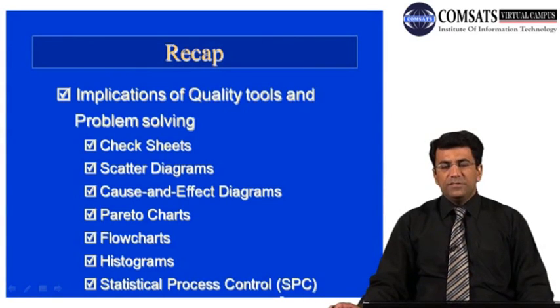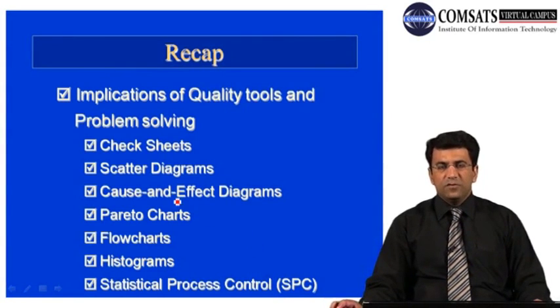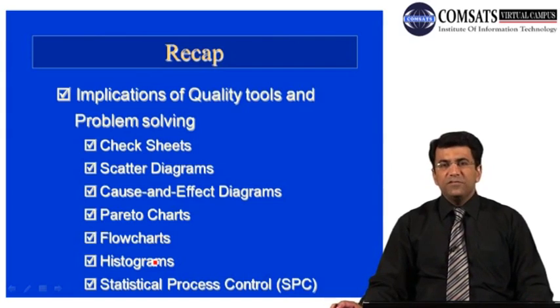Before formally starting our lecture on linear programming, let's have a brief recap of what we discussed in the last lecture. Okay students, in the last 3 lectures we discussed quality management related approaches, and we defined quality and the dimensions of quality.